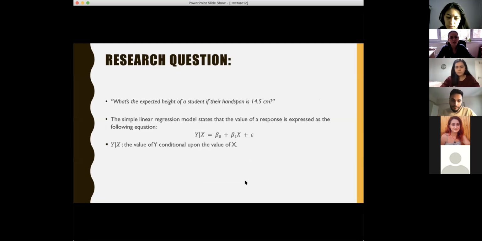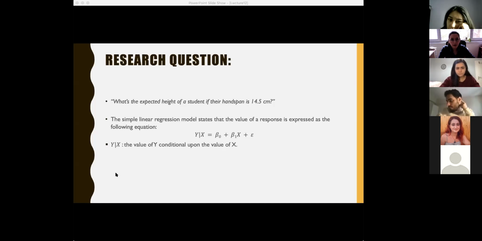We want to generate a research question, guys. Here is my research question. We can ask ourselves: what is the expected height of a student if their hand span is 14.5 centimeters? And this question can easily be answered by this simple linear regression model.